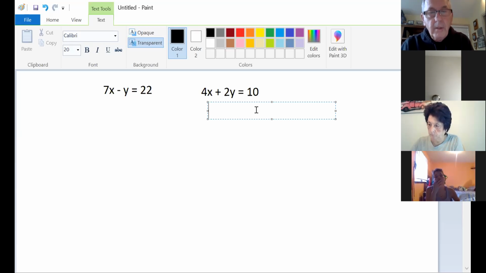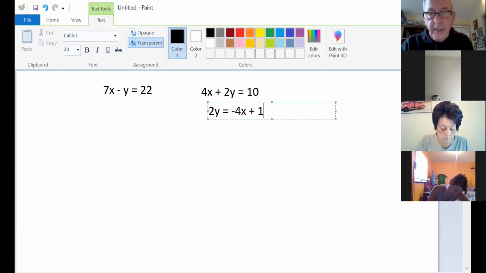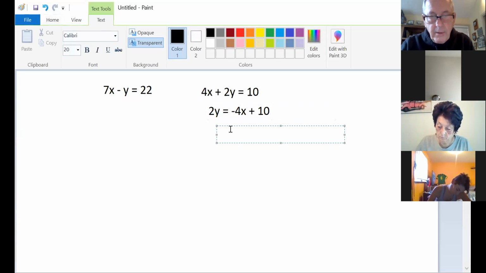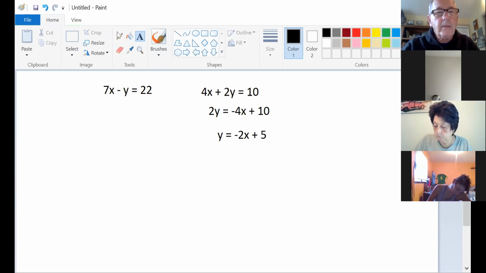So we've got 2y is equal to minus 4x plus 10. I just moved the 4x over to the right-hand side. Now I'm going to divide both sides by 2 so I can get y. So now I've got y is equal to minus 2x plus 5. Does everybody understand what I just did?